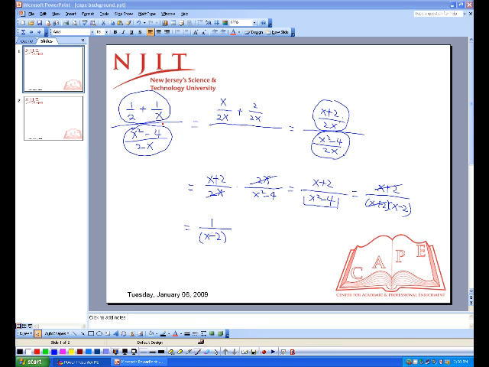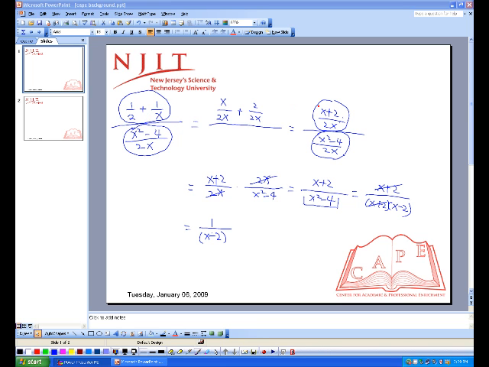So now if we review, to simplify a complex fraction you have to treat the numerator and denominator individually, making them both into just one rational expression. In this case, the numerator is actually two rational expressions, because it's 1/2 plus another rational expression 1 over x.